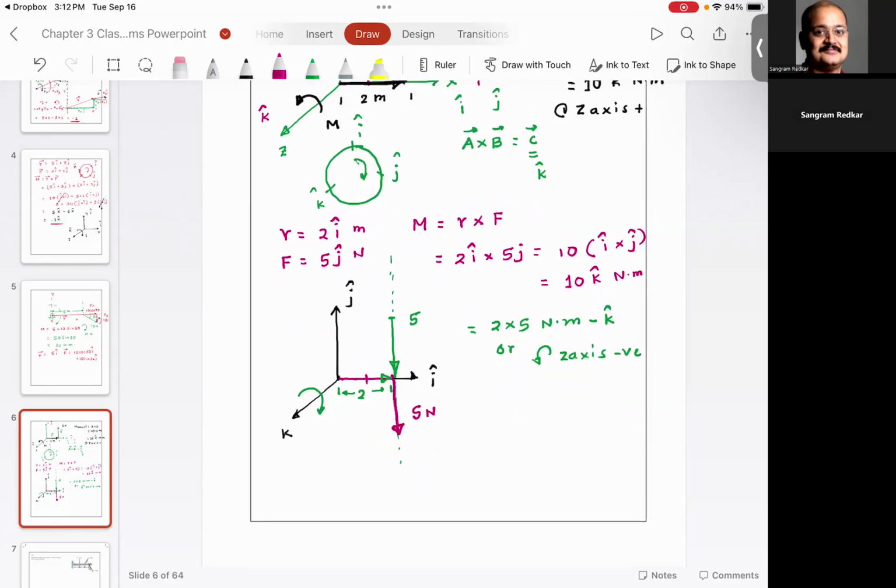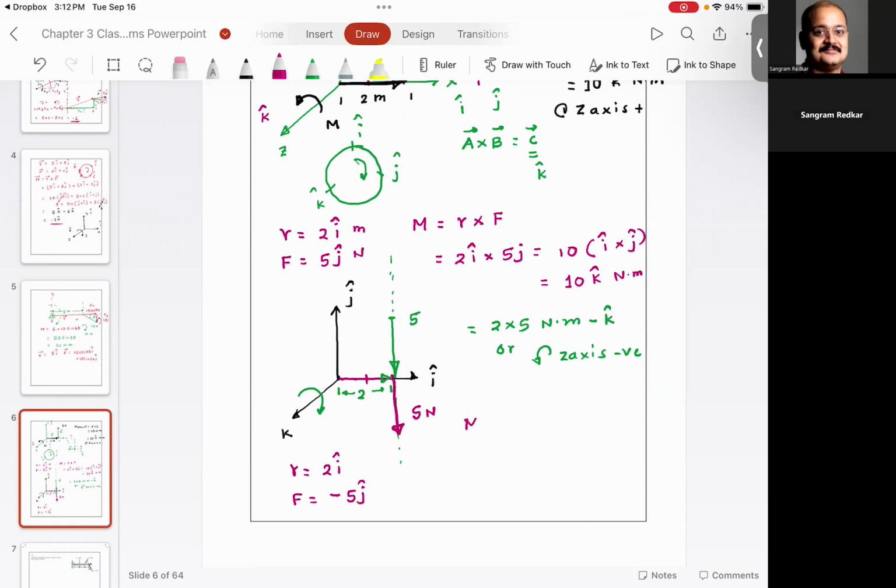Now, I would do the exact same thing. You agree with me? In this case, my R is going to be 2I. But my F is going to be negative 5J. Do you agree with me?